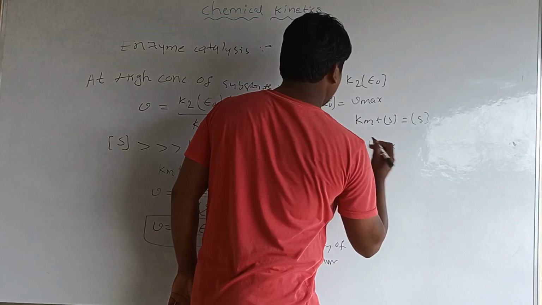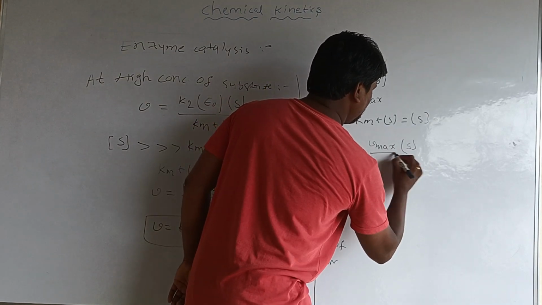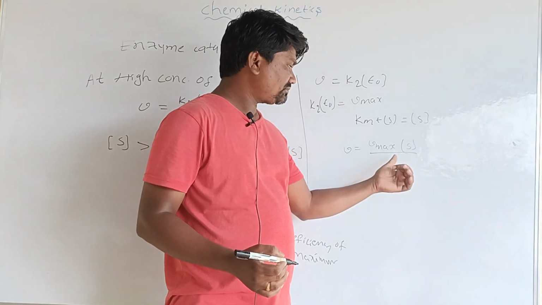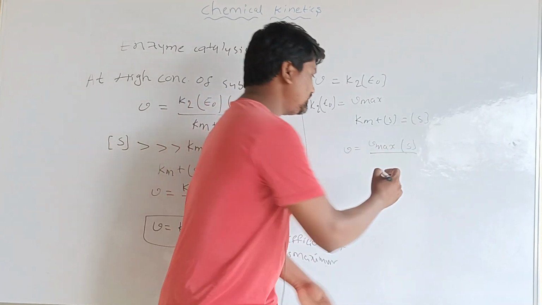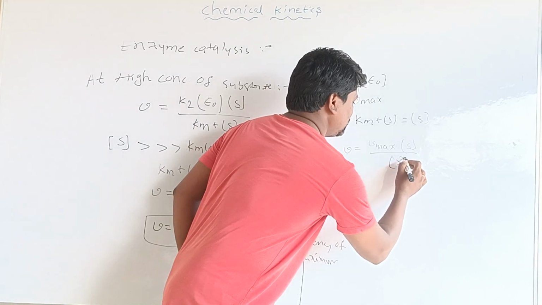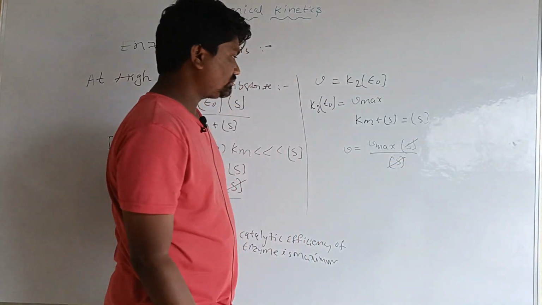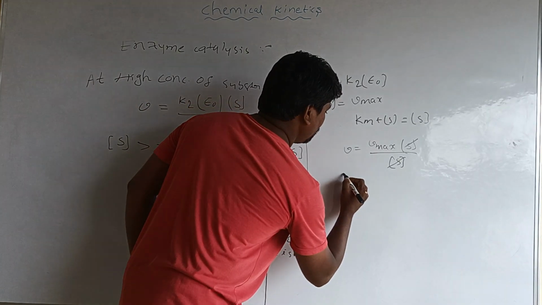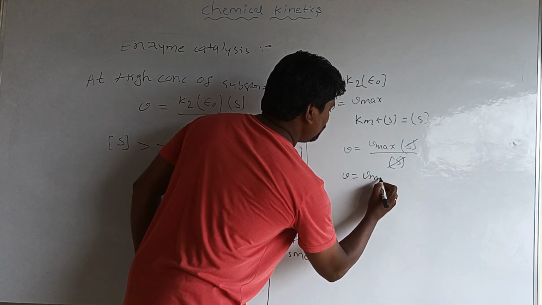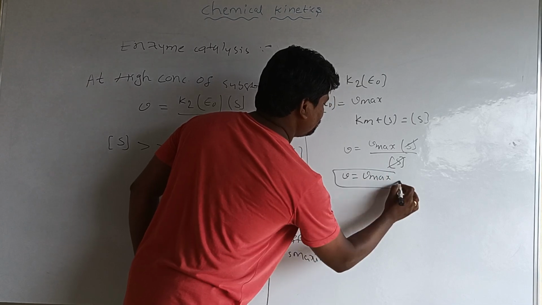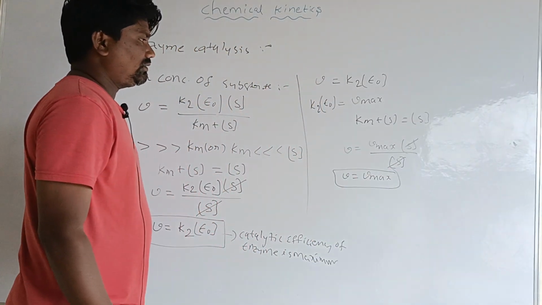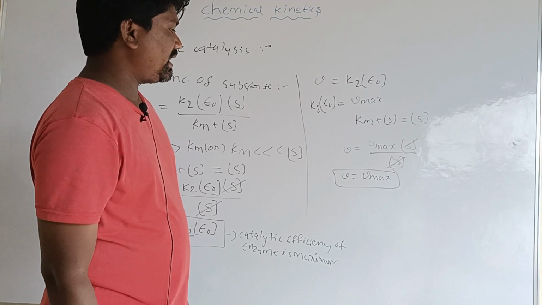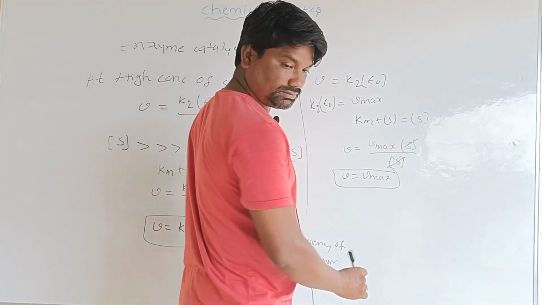Mu is equal to mu maximum into substrate by Km plus S, where Km plus S is equal to S. Then mu is equal to mu maximum.